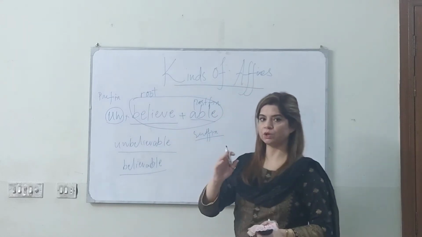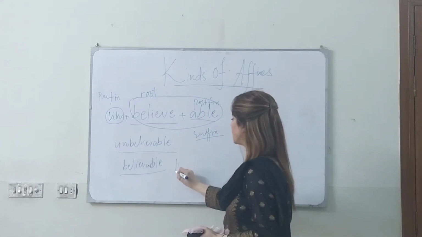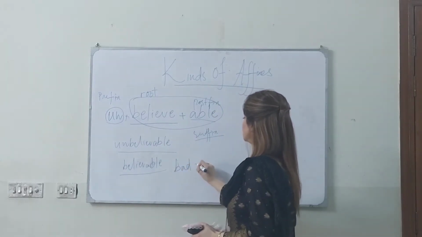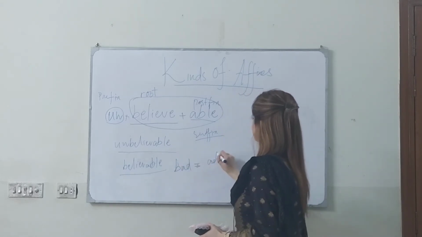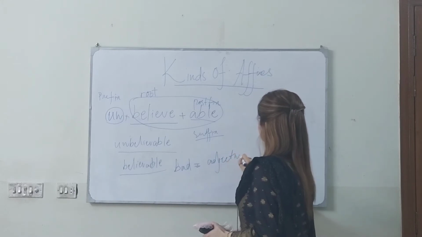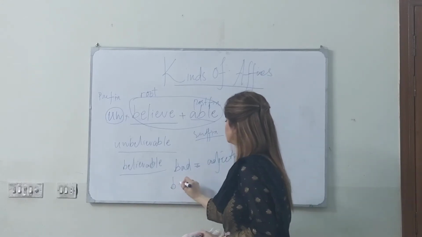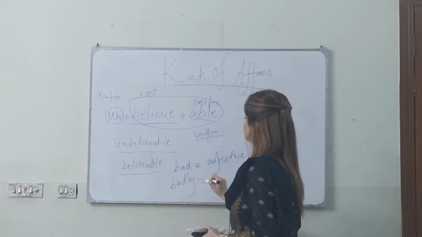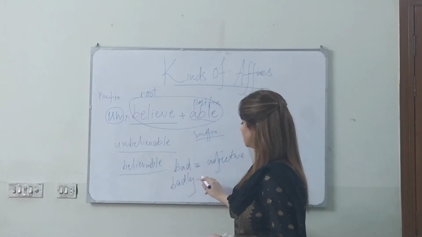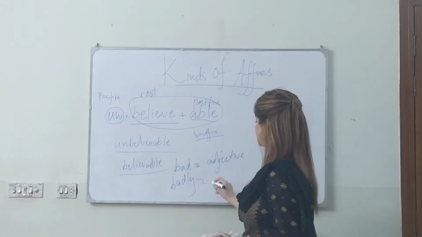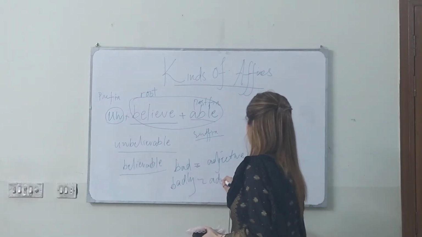Like in the last video we did, if bad was an adjective, by adding ly to it, we have changed this. The word has not only changed the meaning but also the grammatical structure as well, and now it is an adverb.